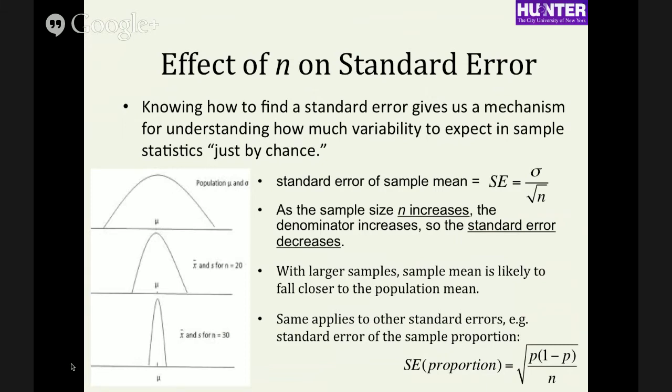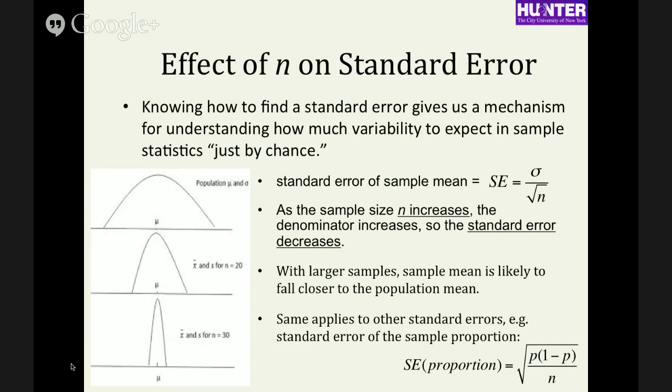So due to part two, it allows us to convert the population standard deviation to the standard error. And it means that as n increases, the standard error must decrease.